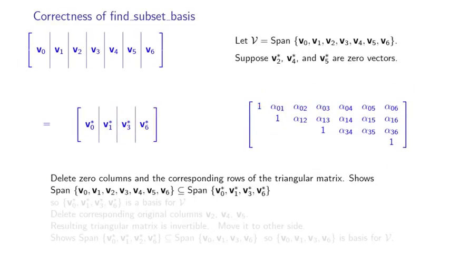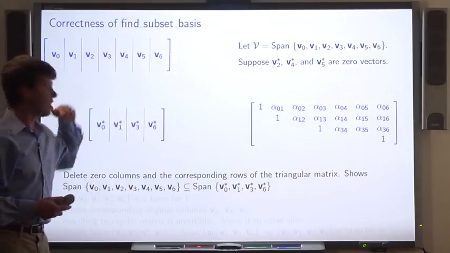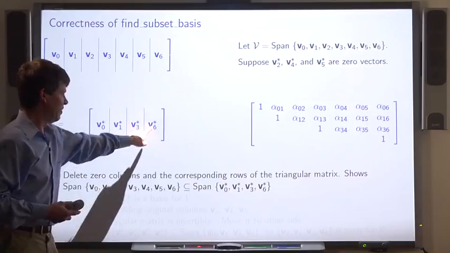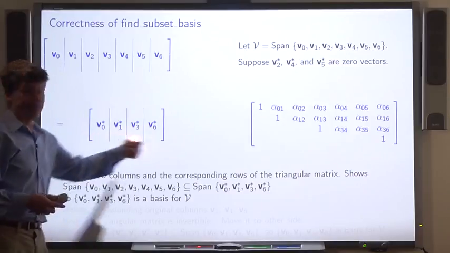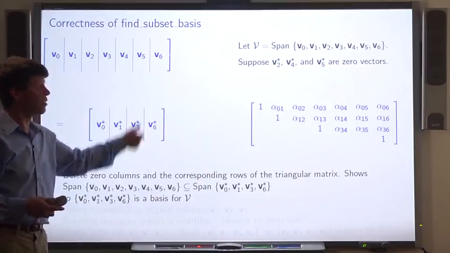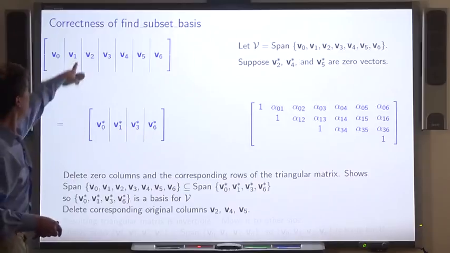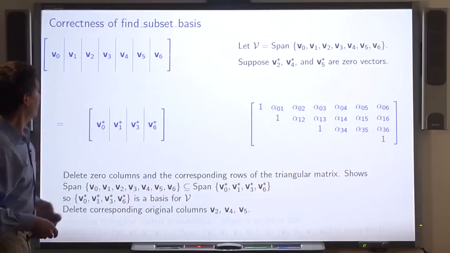And we get this. Thus, the span of v0 through v6 is a subset of the span of v0 star, v1 star, v3 star, and v6 star. So that shows that these starred vectors form a basis for big V. Now let's delete the original columns corresponding to the 0 vectors, v2, v4, and v5.